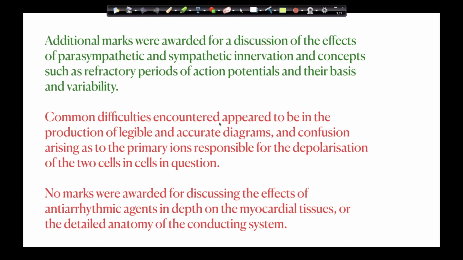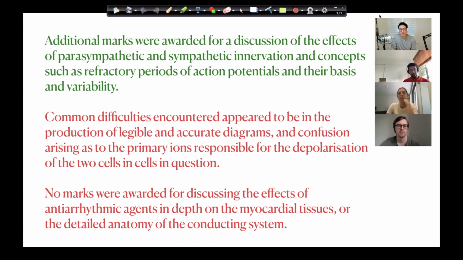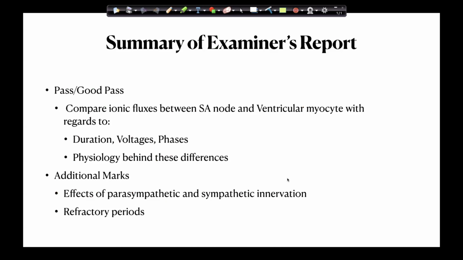So just to rehash again, I've highlighted the paragraphs in green as things that we need to include in our answer. And the paragraphs that are highlighted in red, we need to avoid doing or presenting in our answer, okay? So here's a summary of the examiner's report. To have a pass or a good pass, you needed to compare the ionic fluxes between the sino-atrial node and ventricular myocyte with regards to duration, voltages, and phases.